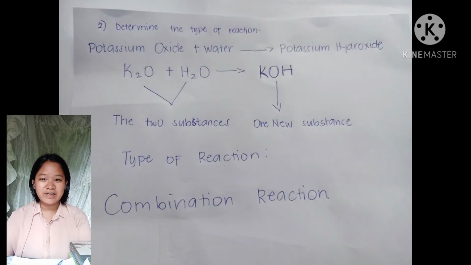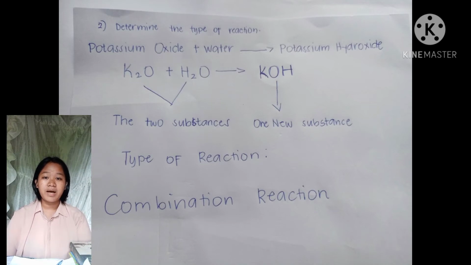Since humanan na ta sa atong task 1, let's proceed to task 2, which is to determine the type of reaction. So, as you can see on the equation, there are two substances combining together to form a new substance. These two substances, we have K2O or the potassium oxide, and also we have water, which is H2O. They combine together to form a new substance, which is the KOH.